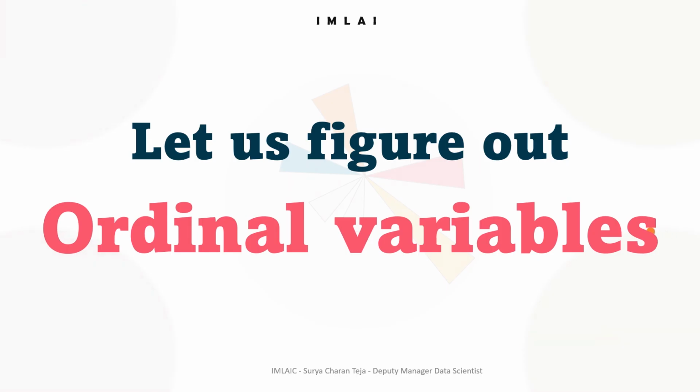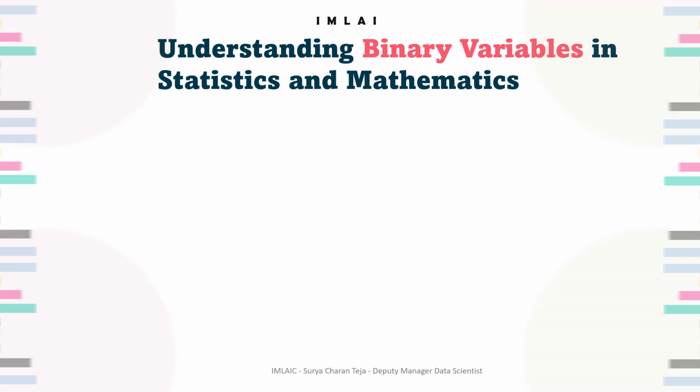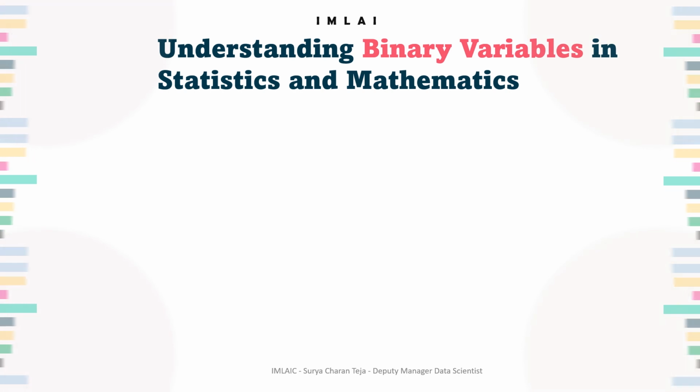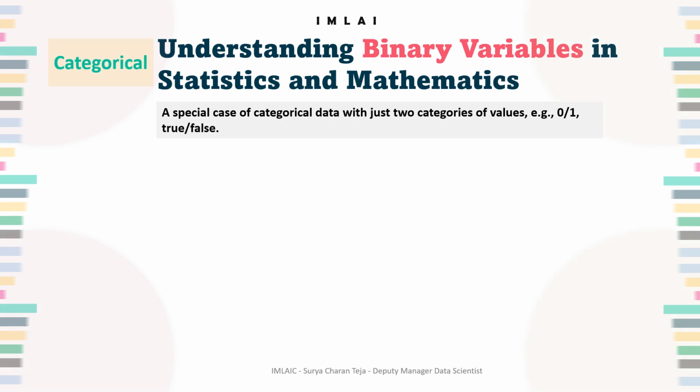Now let's look into the third type of categorical data, that is binary data or dichotomous data. So binary or dichotomous is a special case of categorical data with just two categories of values, for example 0 or 1, true or false.